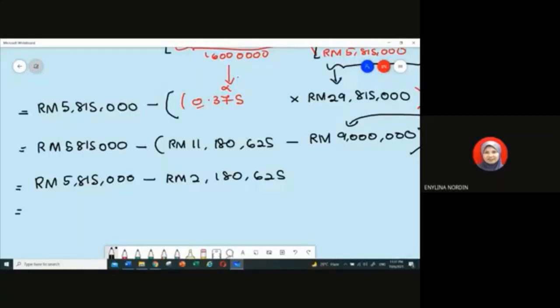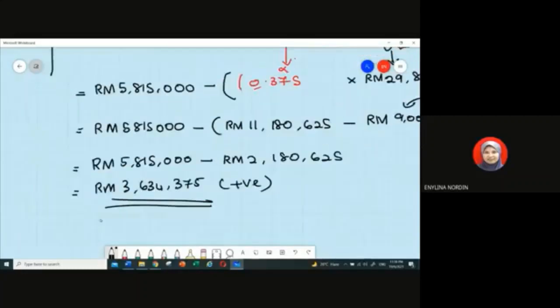That means the NPV will be 5,815 million minus the premium, then you will get the NPV of RM 3,634,375. So it's still a positive NPV, same as the cash offer, but this one is the NPV for stock offer.